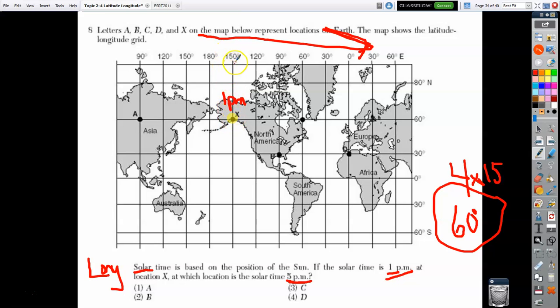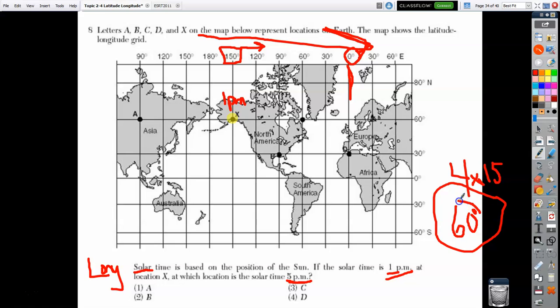So now I look at the longitude number for X. And this is where it gets a little tricky. I look at X. I go straight up. Notice the longitude for X is 150. And I also notice that when I head east, I'm heading toward the prime meridian. My numbers are actually decreasing because I'm heading back to England, heading towards 0. So I don't want to add 60 to 150.